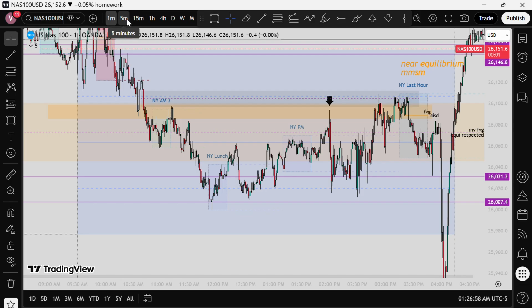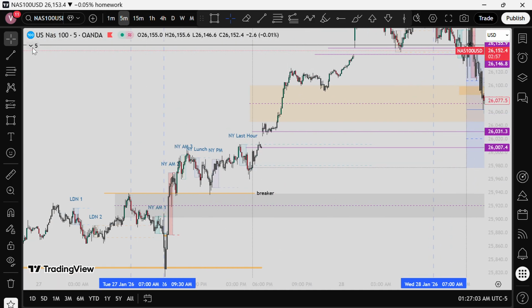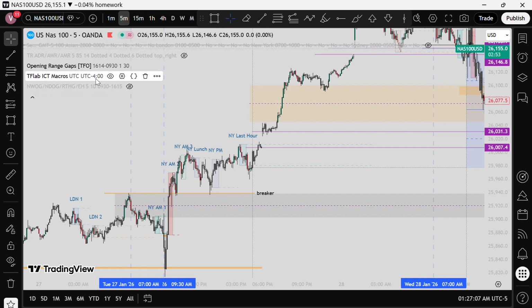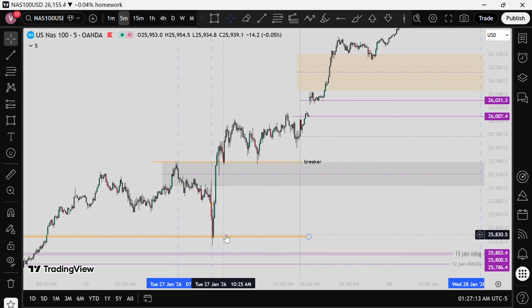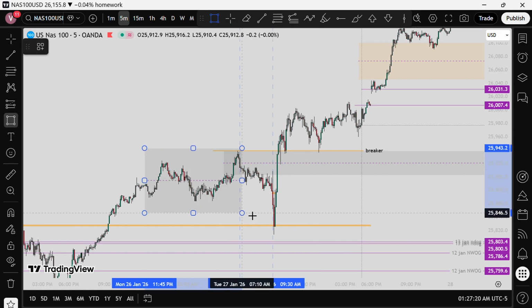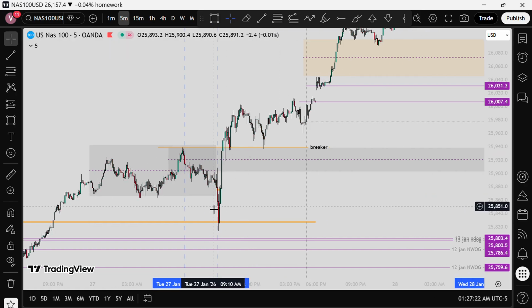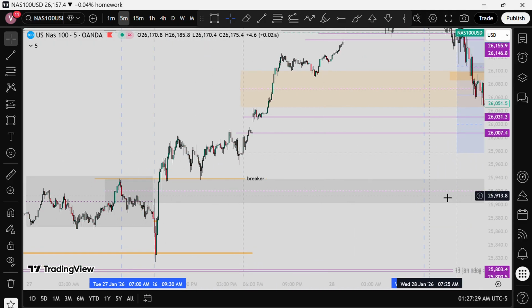One more thing that I forgot to mention was, let me remove the indicator. If you see this breaker region, you'll see how we had a consolidation here first, and then price manipulated downward and then gave an expansion.